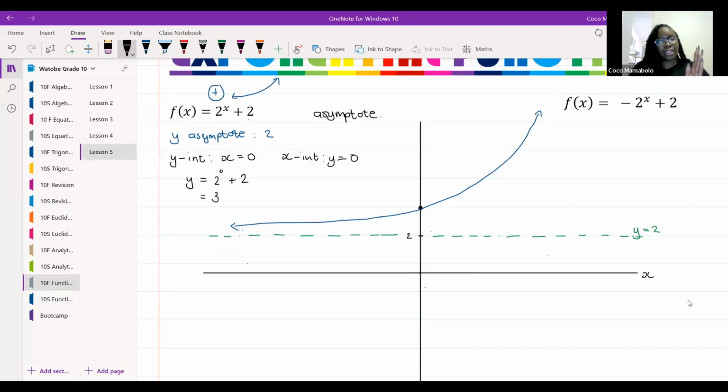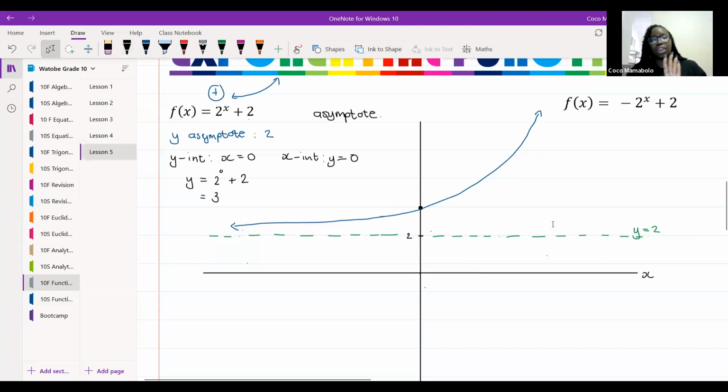Always. So x-intercept, y equals 0. Y-intercept, x equals 0. All the time. It's common knowledge, and you can do it for every graph, Olarato. Every single one.